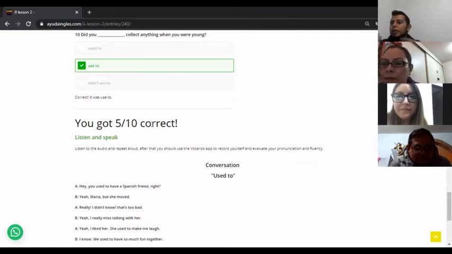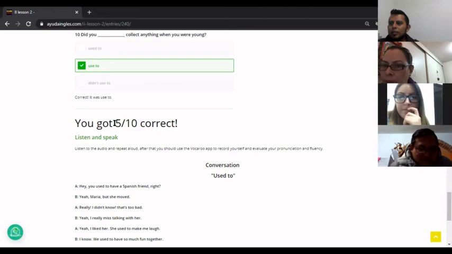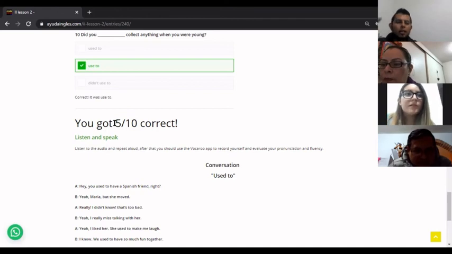Whenever you are practicing on your computer or cell phone, you're going to take a screenshot of this result, but your result should be like 9 or 10, okay? So whenever you get 9 or 10, you take a screenshot and you're going to put those pictures, those evidences, in a folder in the drive, okay?